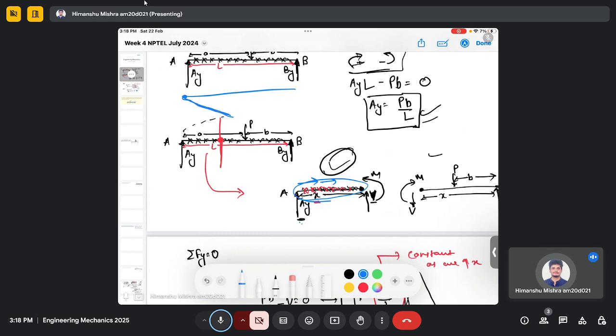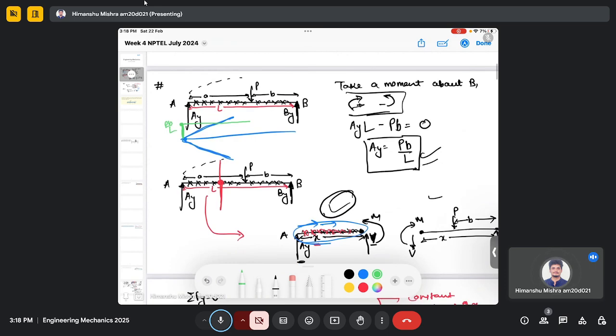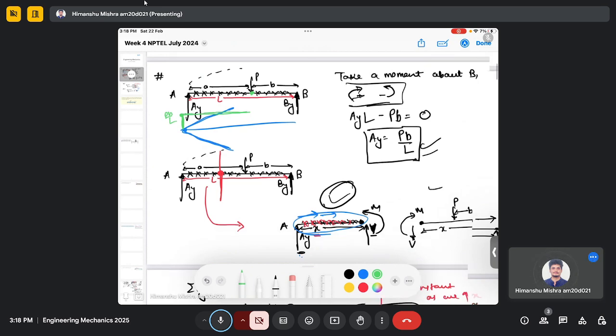It could be either this if your bending moment is negative, or it could be this if it is positive. But the shear force is constant, which means if the shear force here has this magnitude, which is PB by L, it will always remain constant until it reaches this point where you have the external force loading. Until then it will remain constant.